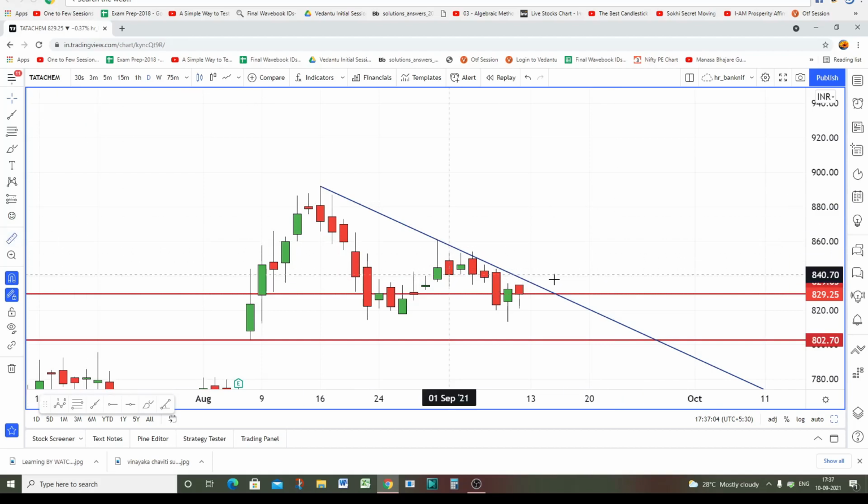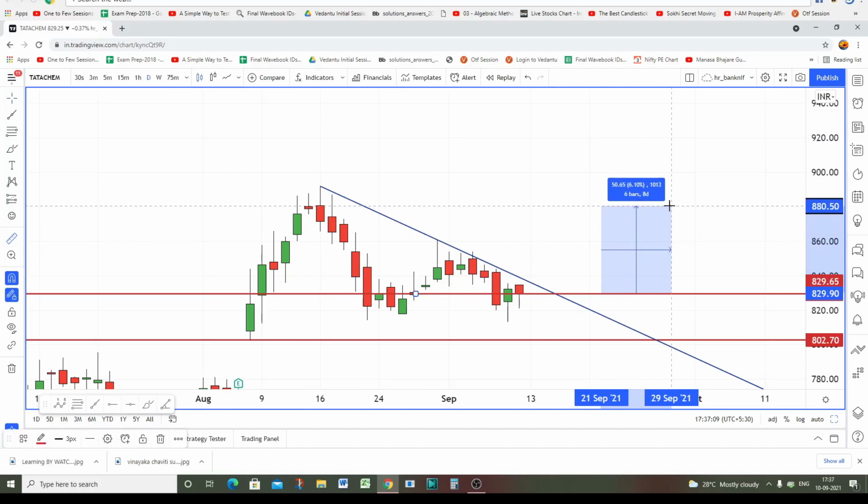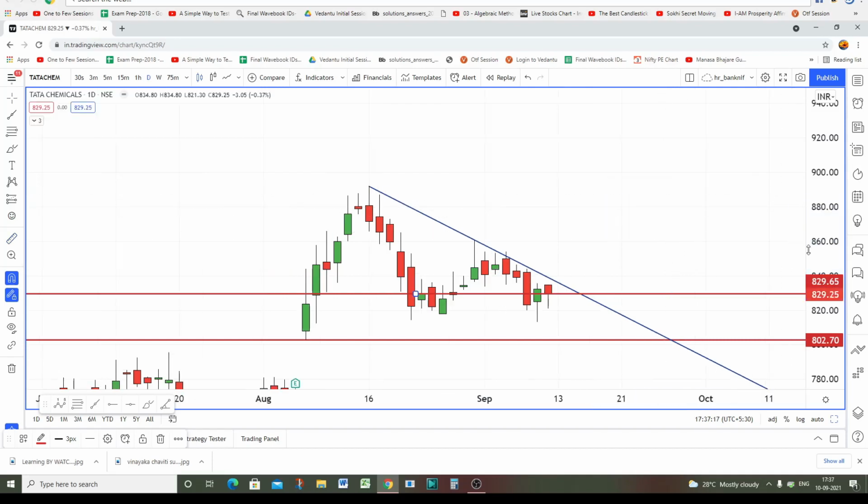From the current level, it can cover nearly 6% on the upside.